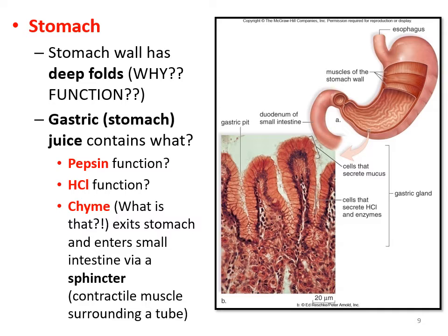Then you have HCl, which is hydrochloric acid, and that's not as specific as pepsin. HCl has a lot of different functions. First of all, it helps activate pepsin because it converts pepsinogen into pepsin. And so it helps with the digestion of proteins by helping you get pepsin.